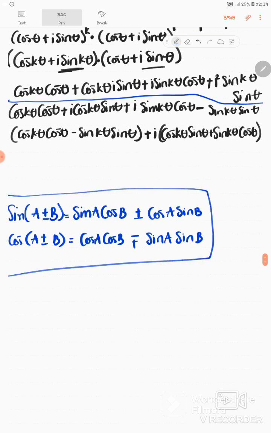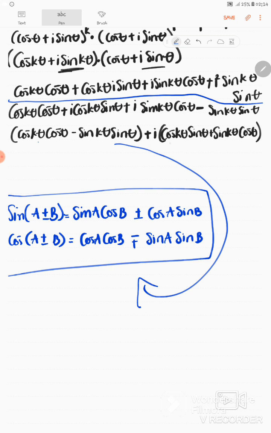Now, looking at this law, let's look at this part. We have cos k theta cos theta minus sine k theta sine theta. That is related to the one below, cos a cos b minus or plus sine a sine b.